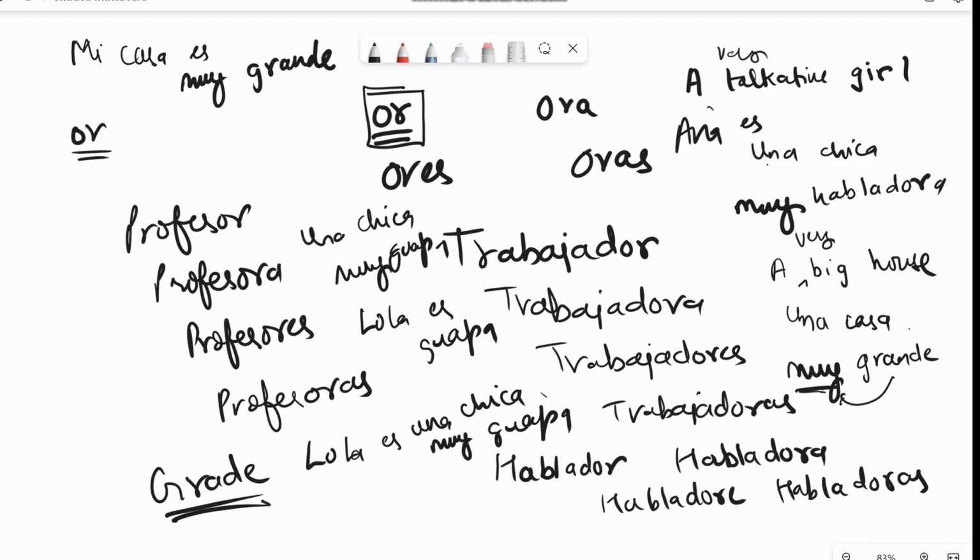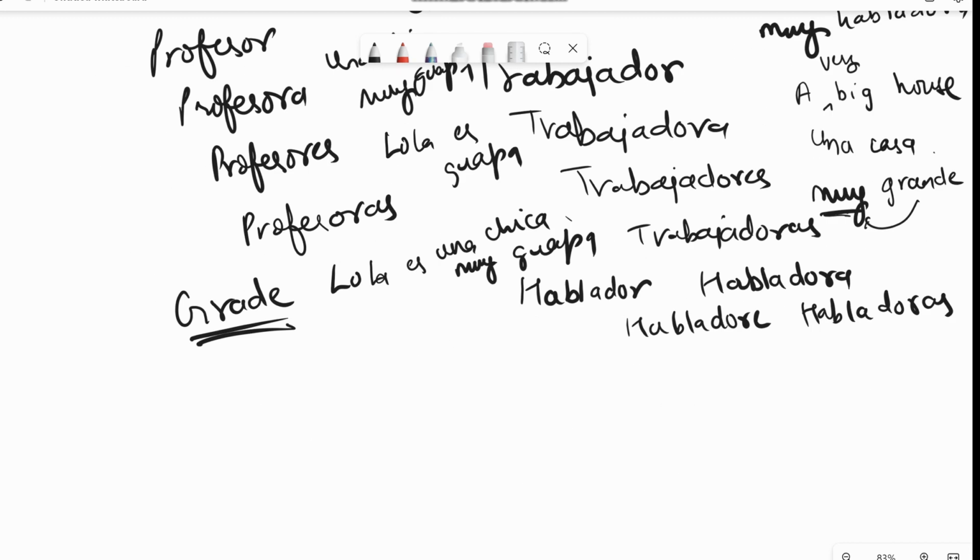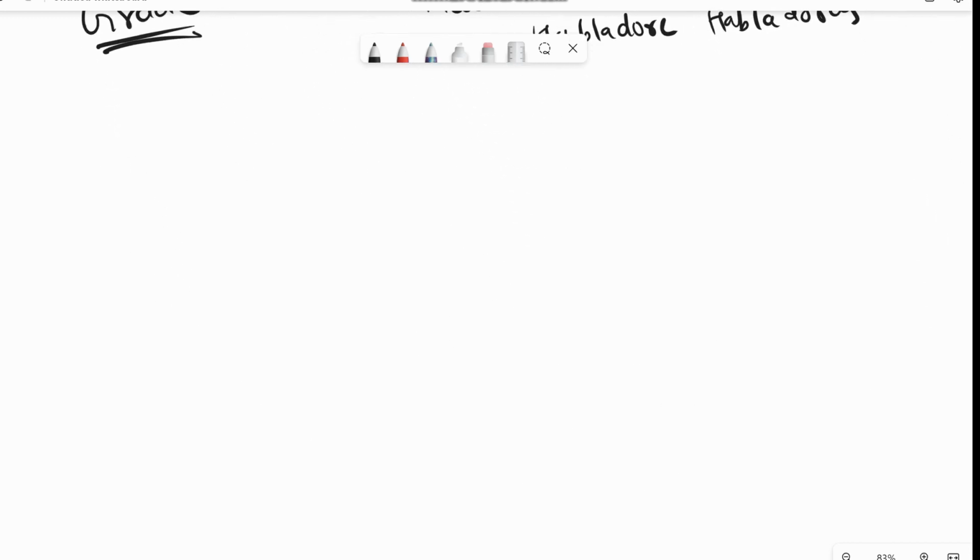So remember the placement is very important, especially for English speakers because they get confused like anything whenever they're dealing with adjectives in the beginning. But slowly and gradually you get used to it and then it becomes your second nature. So far we have dealt with adjectives that end in O, adjectives that end in E or consonants, and adjectives that end in OR. E or consonant ending adjectives are gender neutral.